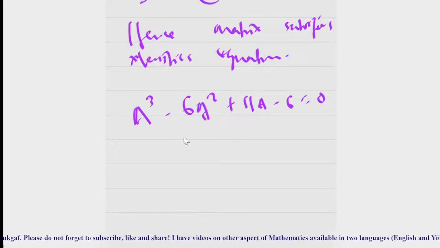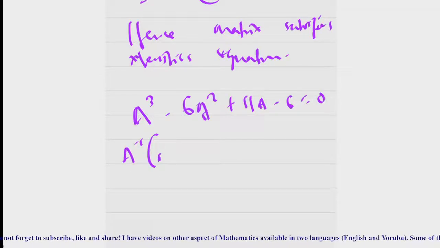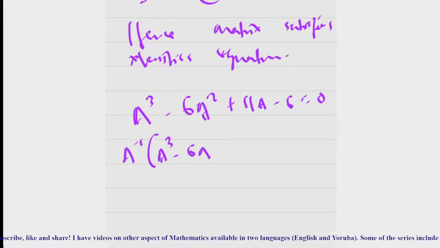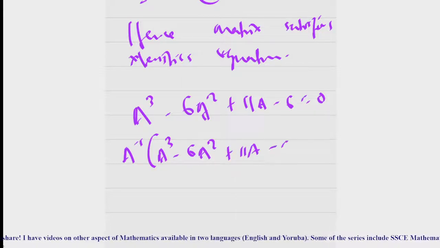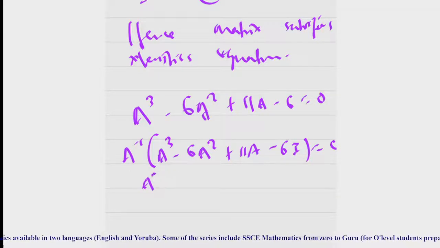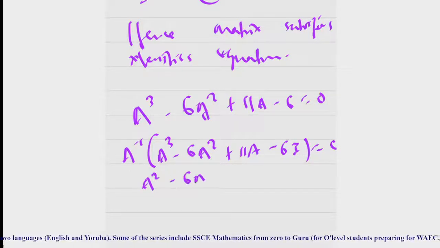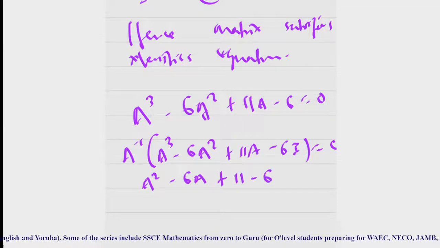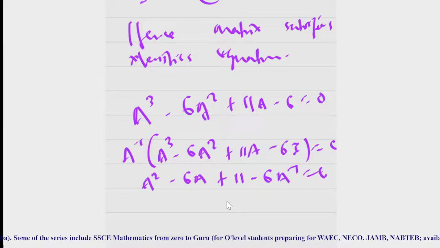So then you can multiply through by inverse. You have A cube minus 6A squared plus 11A minus 6I is equal to 0. If you multiply through by A inverse, this is going to give me A squared minus 6A plus 11I minus 6A inverse is equal to 0.